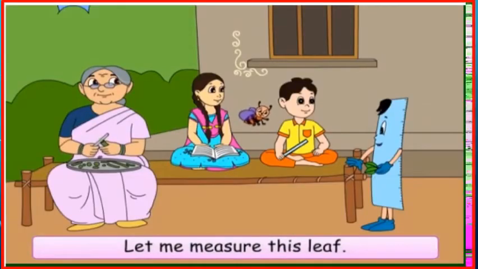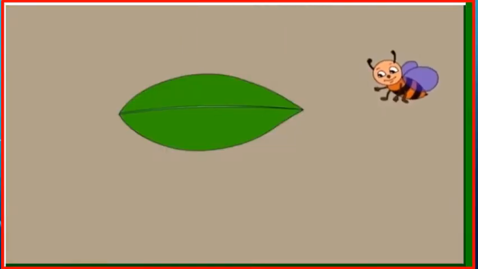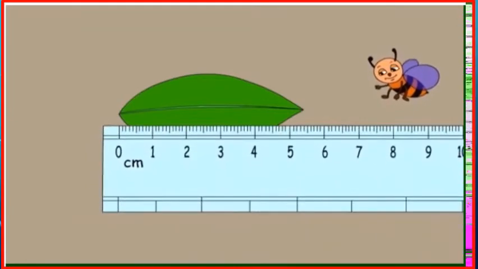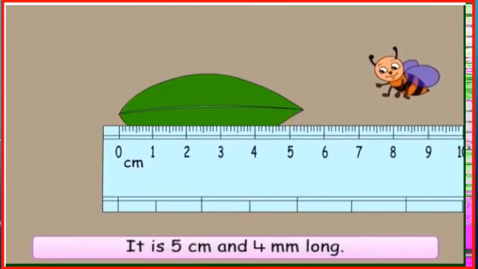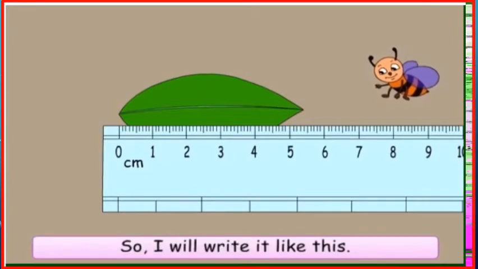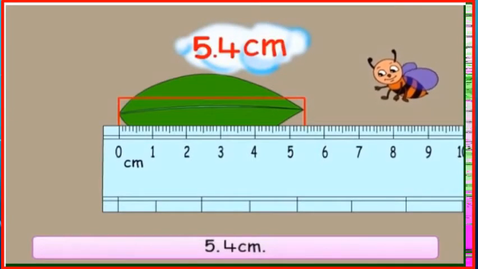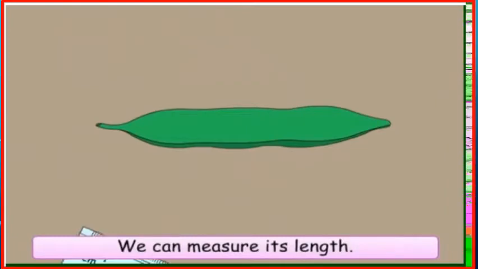Let me measure this sleeve. It is 5 centimeters and 4 millimeters long. So, I will write it like this: 5.4 centimeters. Let me get a bean from Grandma. We can measure its length.